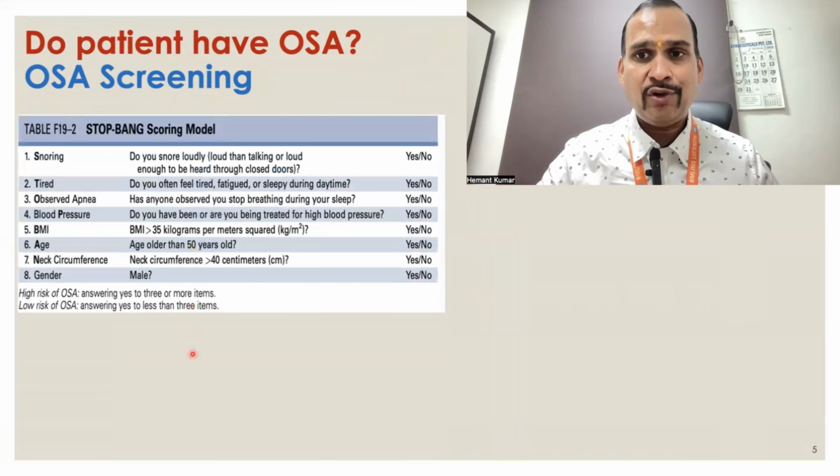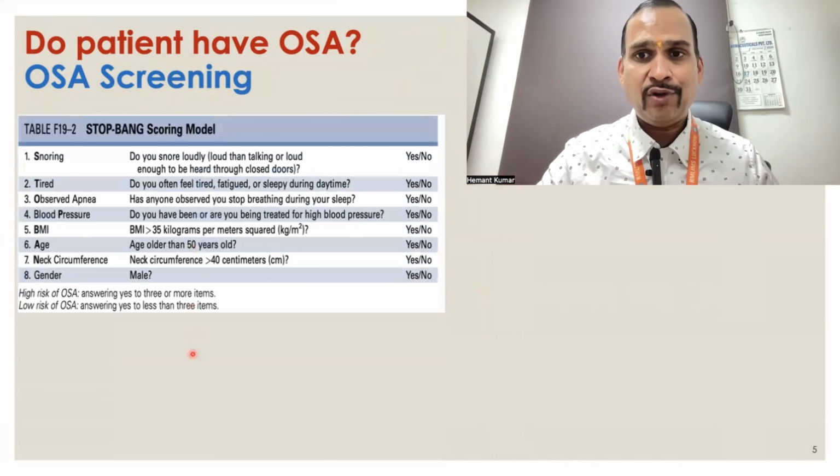Another is chin EMG, electromyogram of the chin, because in REM sleep there is hypotonia of muscle, that is, loss of muscle tone. So we are measuring chin movement or chin tone.